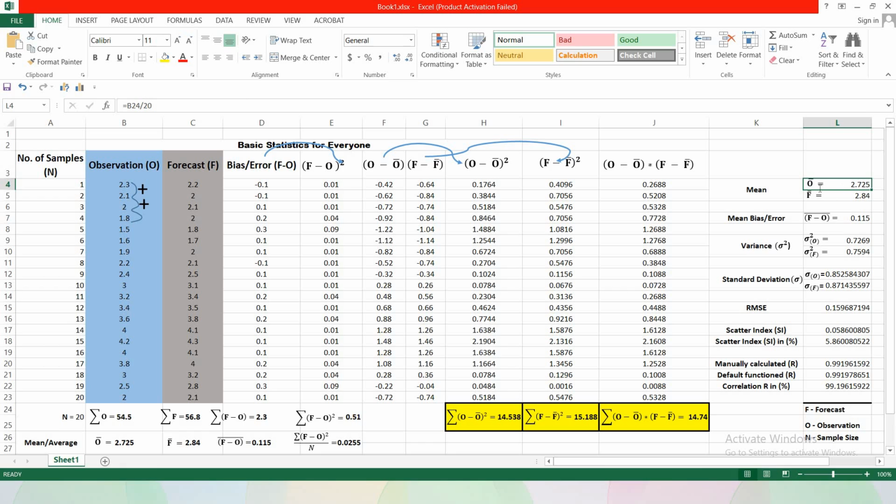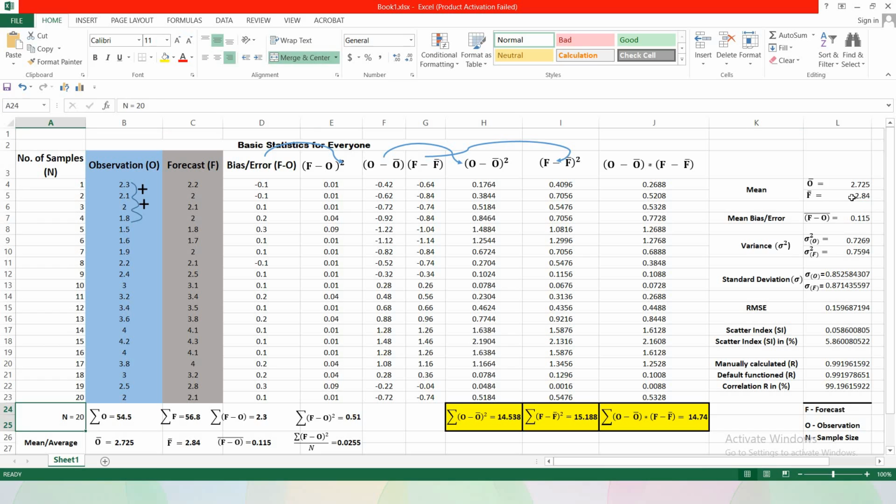See, when I place the cursor in the O bar, the mean of the observation, it is showing B24 by 20, that is the summation of all observations divided by 20. Similarly, you can get the mean for the forecast data, this divided by 20, right?